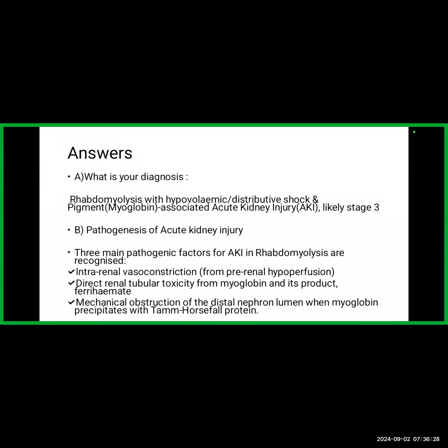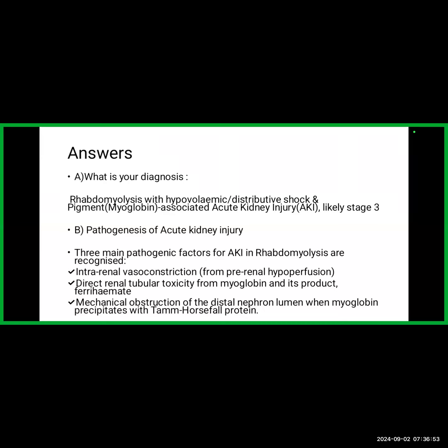So there are 3 main pathogenic factors for the AKI in rhabdomyolysis. And these are 1, the intrarenal vasoconstriction from the prerenal hypoperfusion. And then 2 is direct renal tubular toxicity from myoglobin and its product ferrihemate. Please, can I be heard?